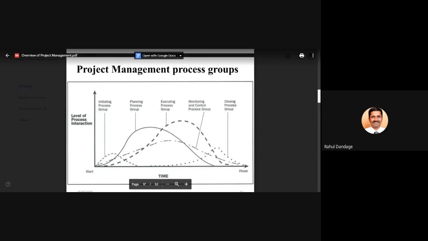Okay, it's okay. So now you can see the curves are indicated by different types of lines, and their heights and widths are also different. Correct? On the x axis you have the time, and you can see at the origin, at 0, 0, where the two axes x and y intersect each other, you have a start point, and at the end you observe a word which is finish.